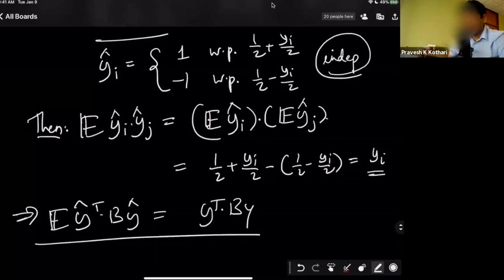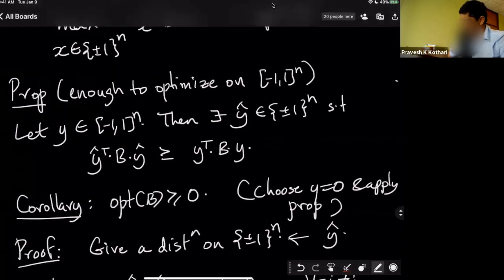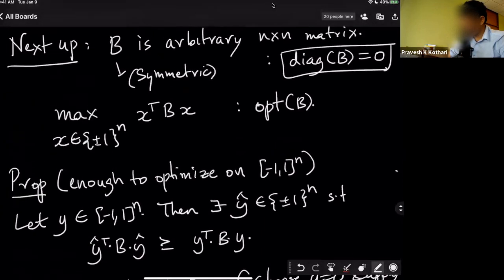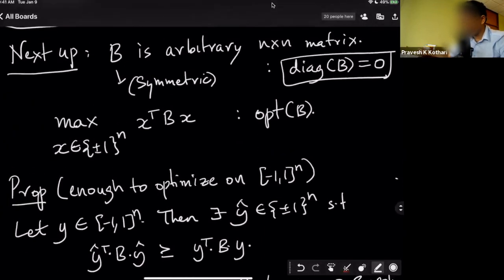Actually, I just realized that I don't have to assume diagonal b equals 0. In some sense, I want to say that without loss of generality, I can assume that the diagonals of b are non-negative. Why do I say that?